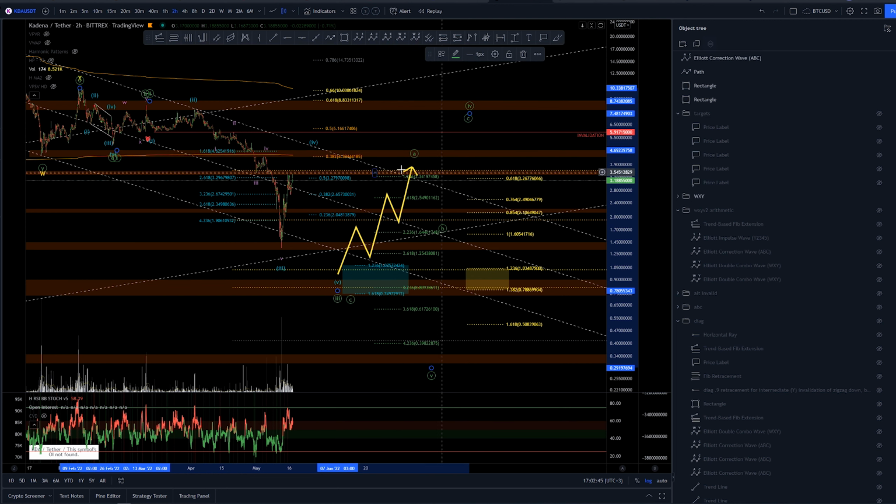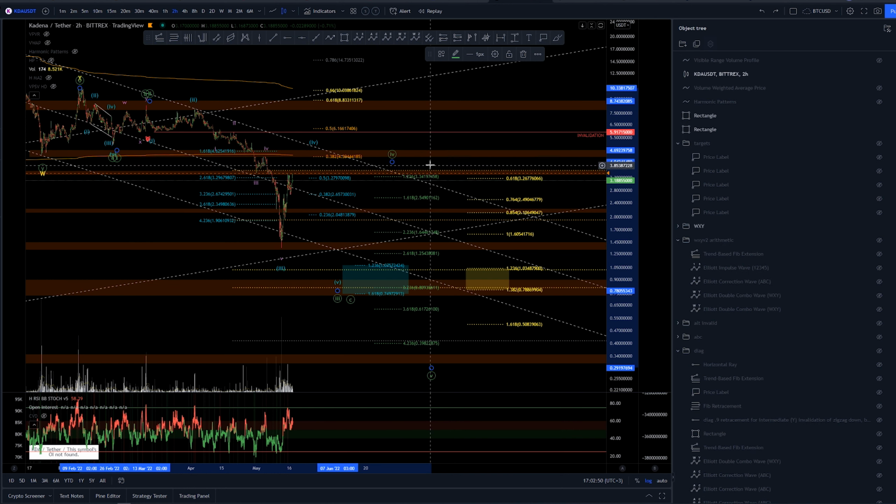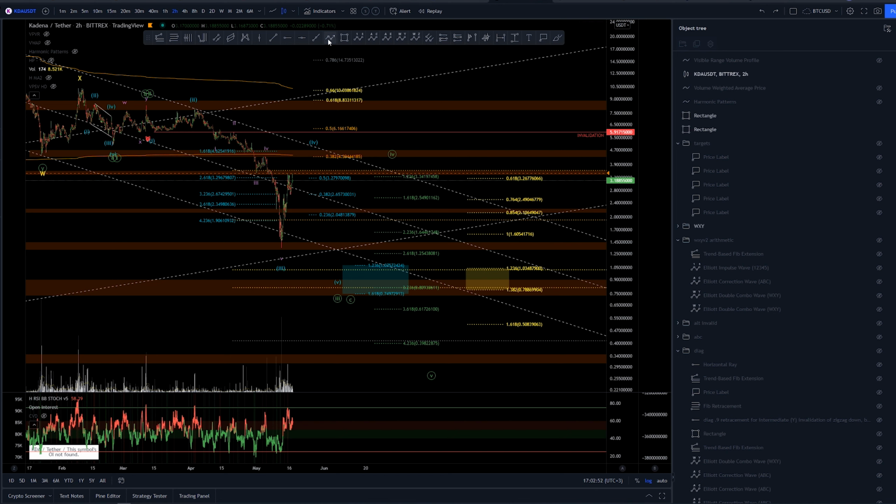Most likely, depending on how strong this move is, most likely not that case. If it is a three-way move, then we can still look for the wave 4. Invalidation for that to happen is around the $5.06 area.